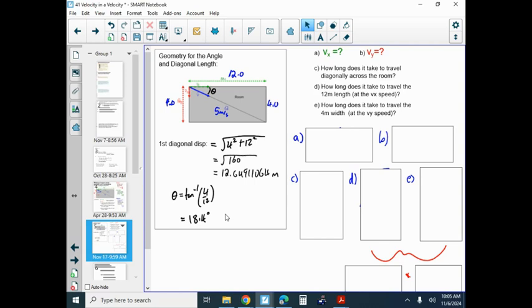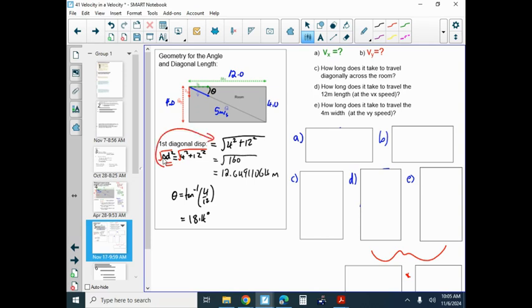Obviously, we could have started with delta D squared equals 4 squared plus 12 squared. And then you take the root of both sides and you end up with delta D equals this.